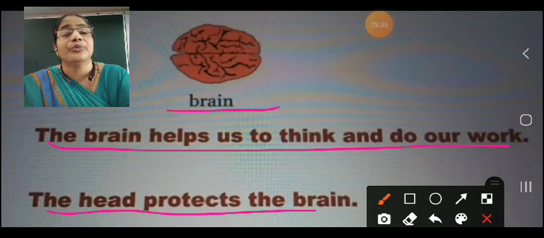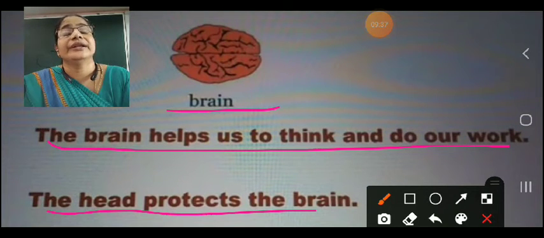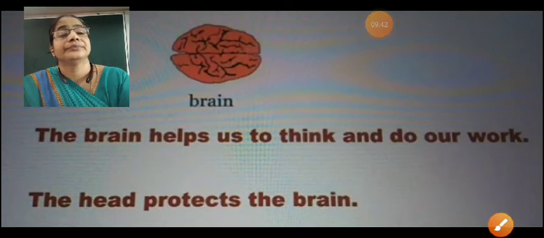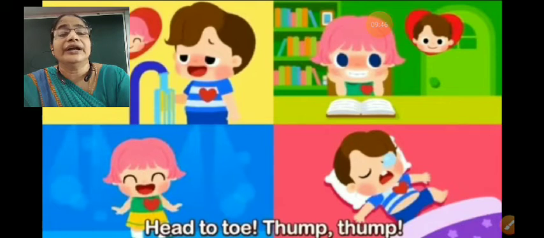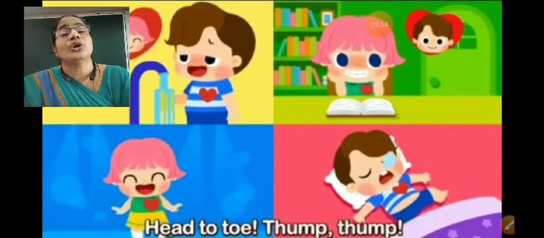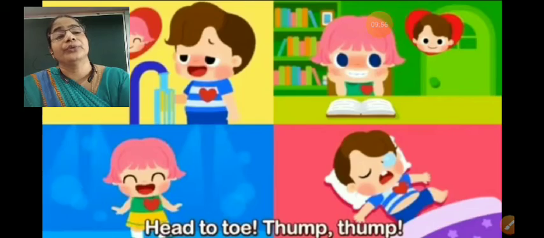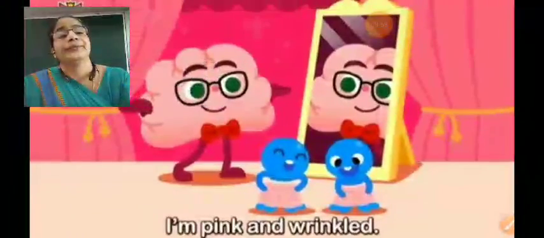The head protects the brain, otherwise it will get damaged. You can see here head to toe the blood is pumping. The heart is pumping blood to all the parts, head to toe.